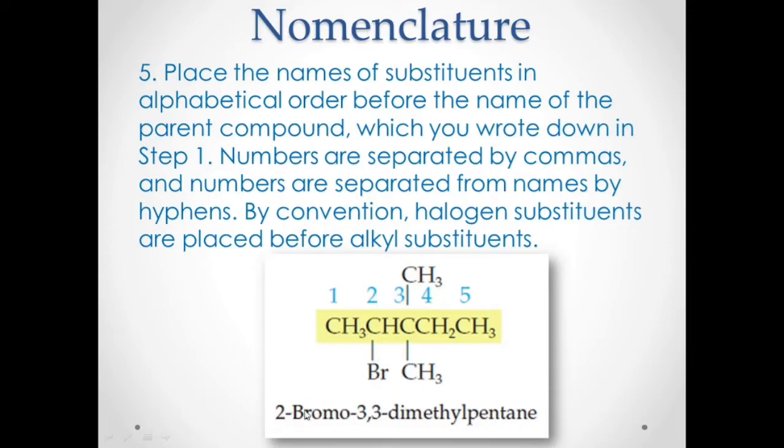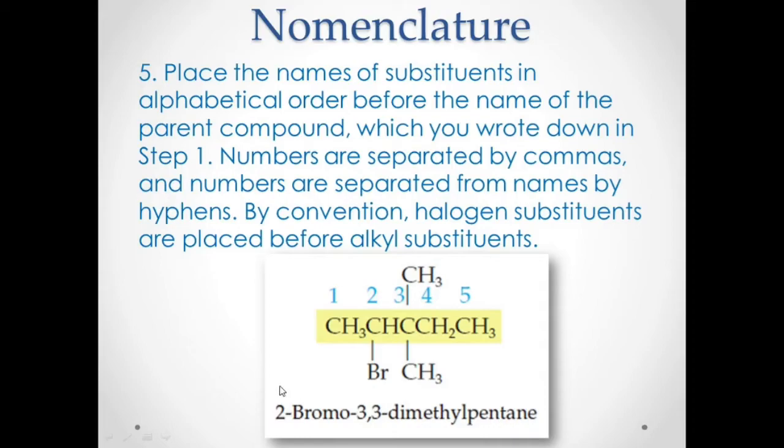So that would be 2-bromo. Then followed by the next, which is methyl, and they are the same, so these are 3,3-dimethyl, pertaining to the methyl on carbon number 3. And the last would be our parent compound. The parent name is pentane.